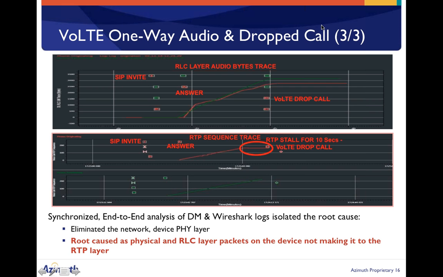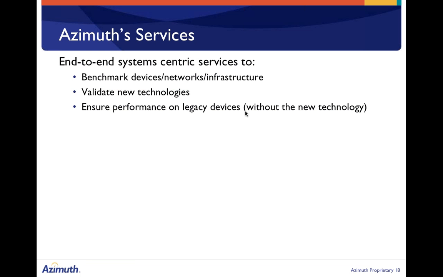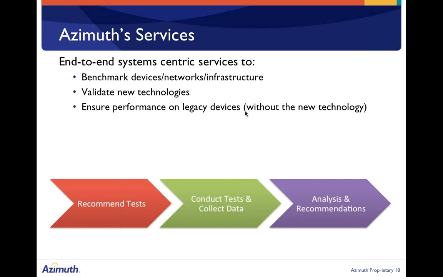Okay, so let's try to wrap this up. So far we spoke about how there is a legitimate need in the industry for holistic benchmarking, and that's really been what has been driving our focus as well, both from a product as well as a service standpoint. Our focus has been around providing holistic end-to-end analysis.